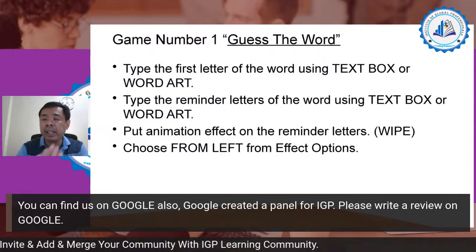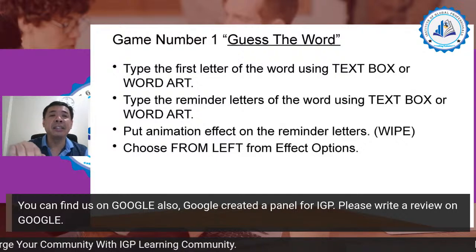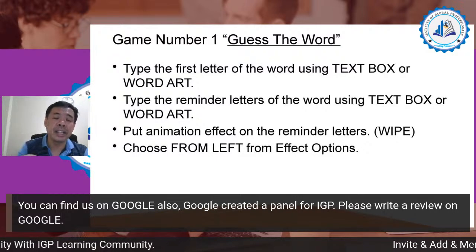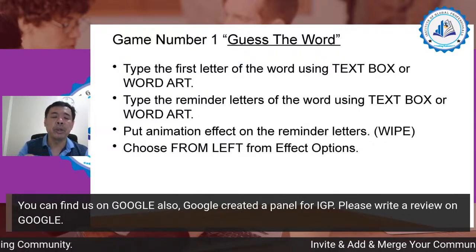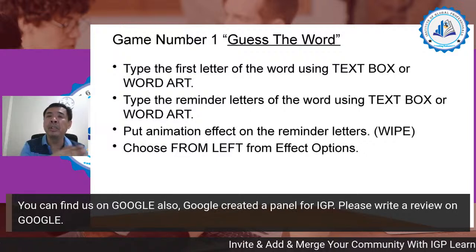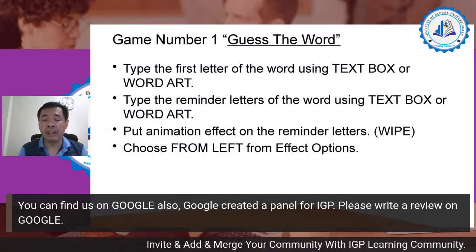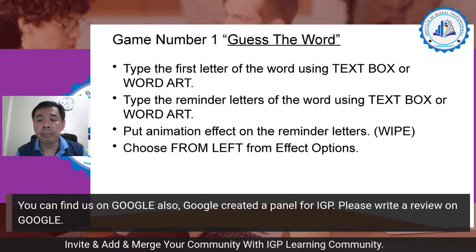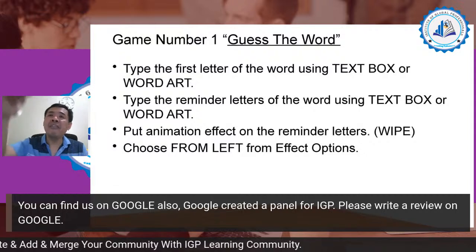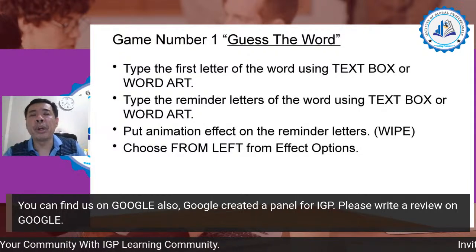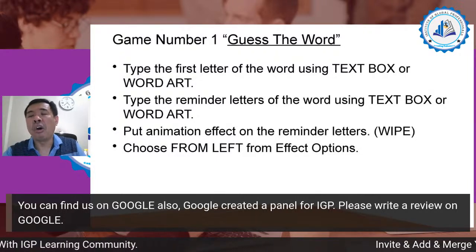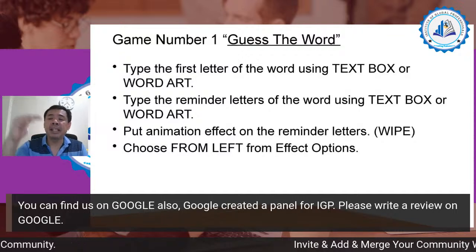effect. There are three animation effects: the entrance, the emphasis, and the exit. You just use the entrance and then choose the effect option from left, so the animation goes from right to left. That's simple. In every slide, for example, you have 5 words of vocabulary, or 10, you just make 10 slides.